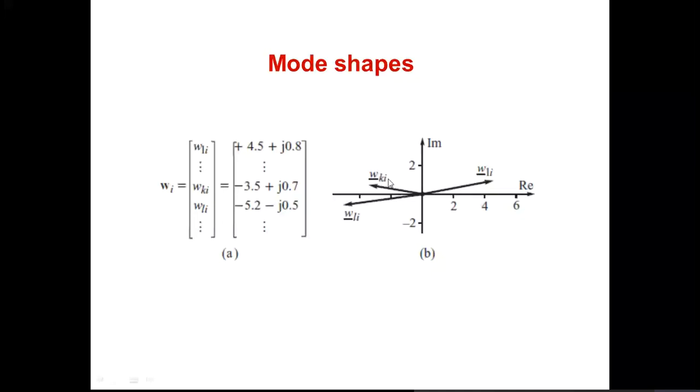You can say that these generators are somewhat in opposition in oscillation against this generator here. That's the importance of the mode shape in understanding the oscillations of the generators, which we get from the eigenvectors.